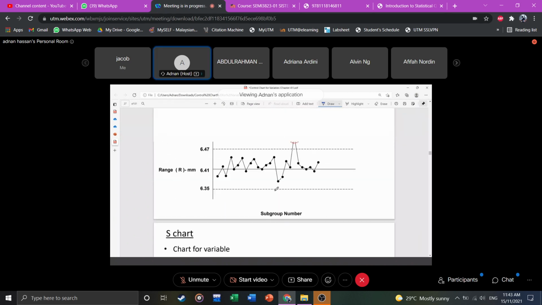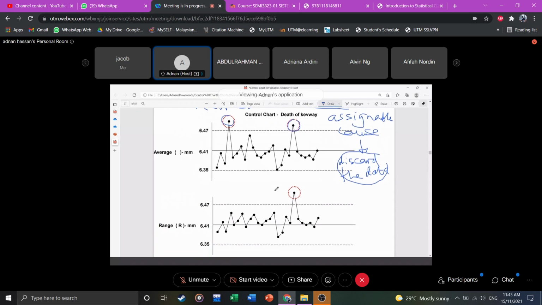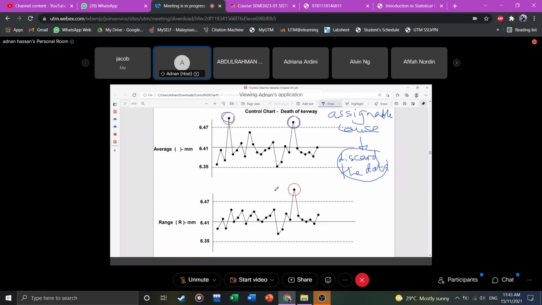There are two ways of removing data. For example, now you have 2 points here which are outside, but here only 1 point. When you remove, you can remove based on the control chart. In this case, 2 points are outside, so only that particular value is removed from that X bar chart.